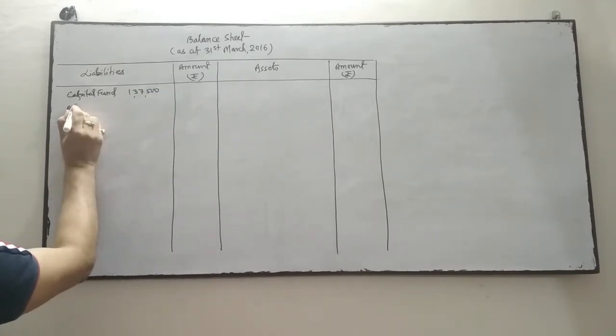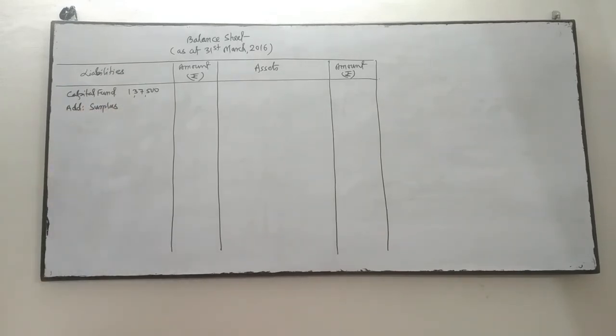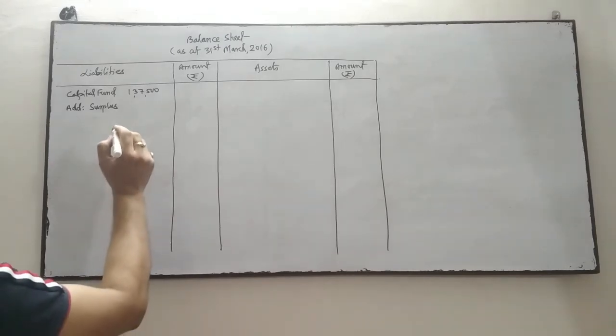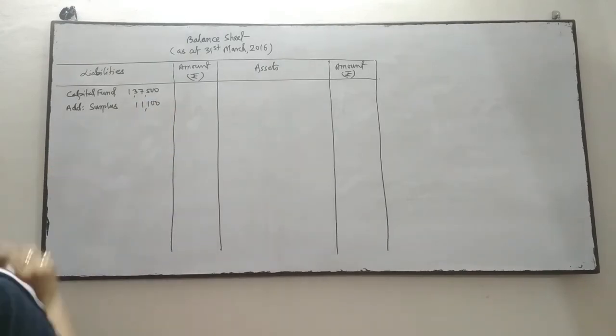Add the surplus which we have calculated by preparing the income and expenditure account. Surplus, this is your 11,100 is your surplus.